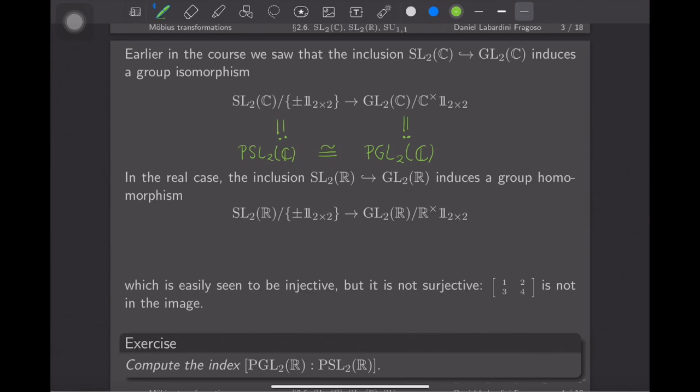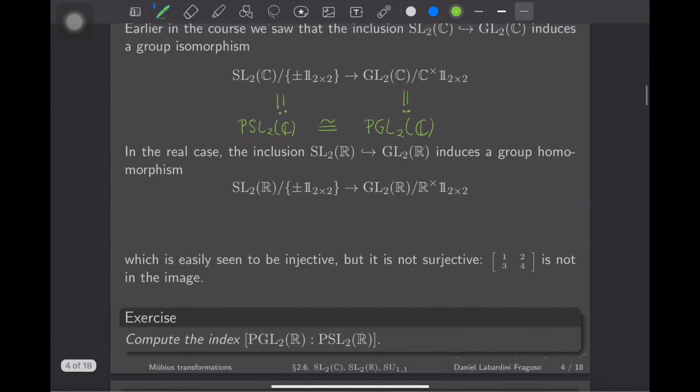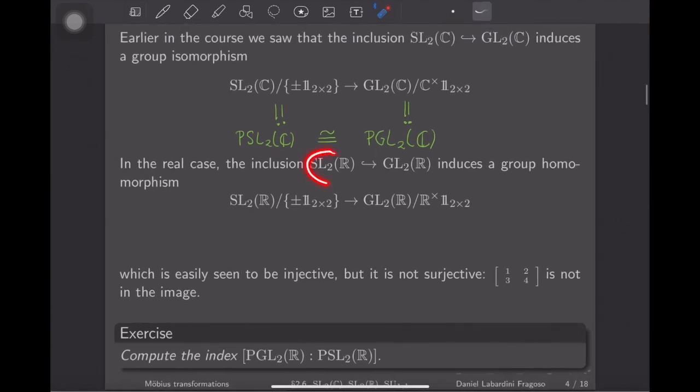Right, now in the real case, again, the inclusion of SL2R, so the real 2 by 2 matrices with determinant 1, into the group of all invertible 2 by 2 real matrices, of course induces a homomorphism, simply because plus and minus the identity are multiples of the identity. So there is this well-defined group homomorphism.